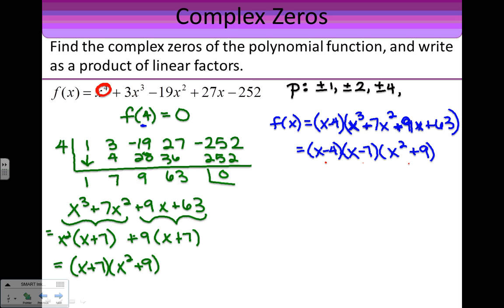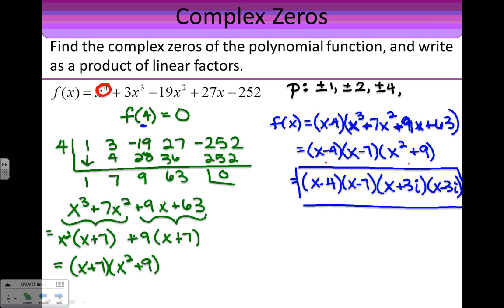So I can split that one up a little bit farther. And I'm going to do just what we did in the last problem. I know I'm going to need to subtract the 9 to the other side and take the square root, which is going to give me a positive 3i and a negative 3i. So there are my 4 linear factors.